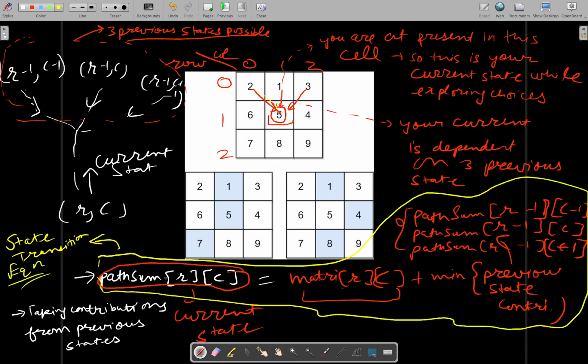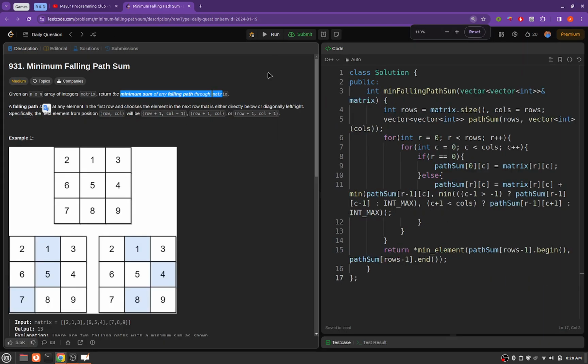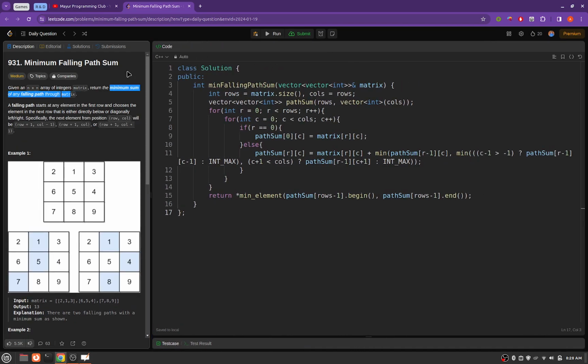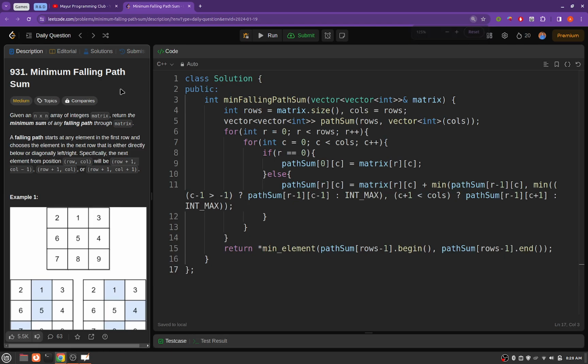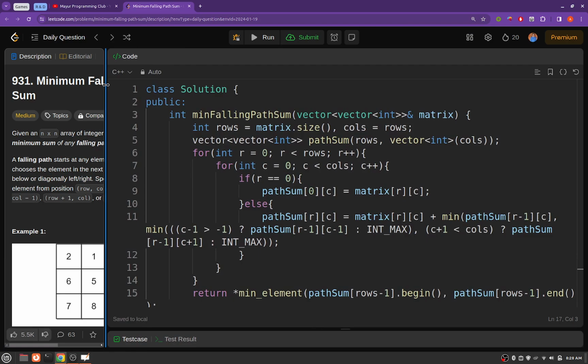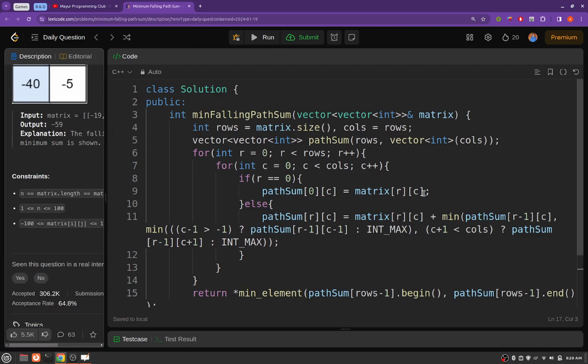Now let's see the implementation. I know it's a long video, but I am trying to explain it for someone who is seeing dynamic programming for the very first time, and how to think about applying dynamic programming on a particular problem.